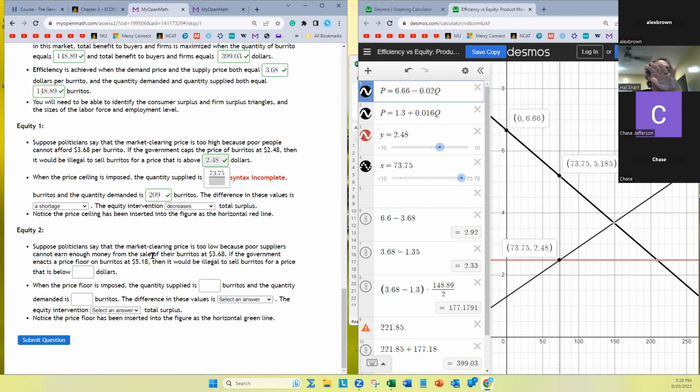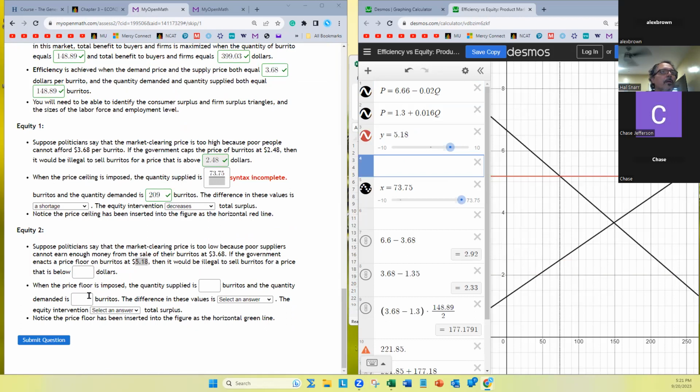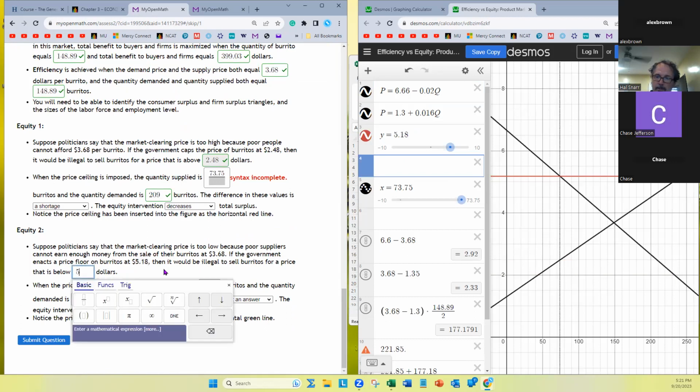Suppose politicians say that the market clearing price is too low because poor suppliers cannot earn enough money from the sale of their burritos at $3.68. The government enacts a price floor on burritos of $5.18. I'm going to change this to $5.18.